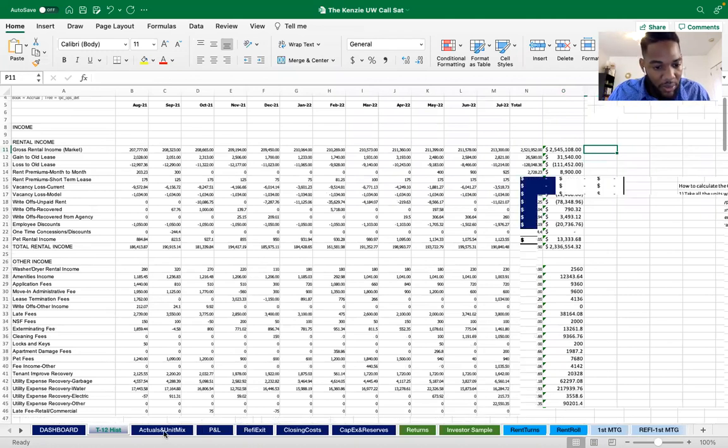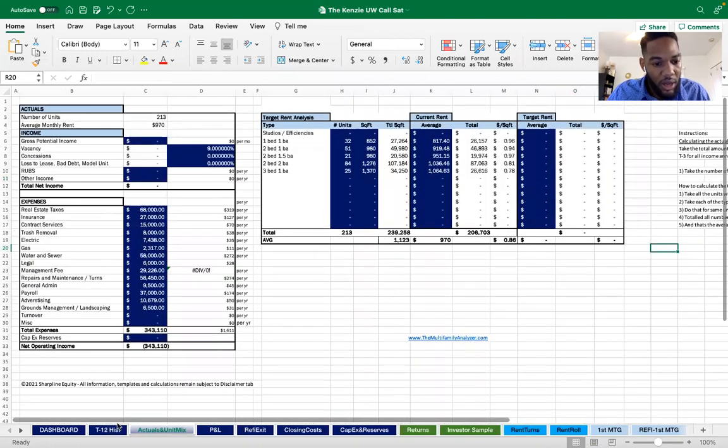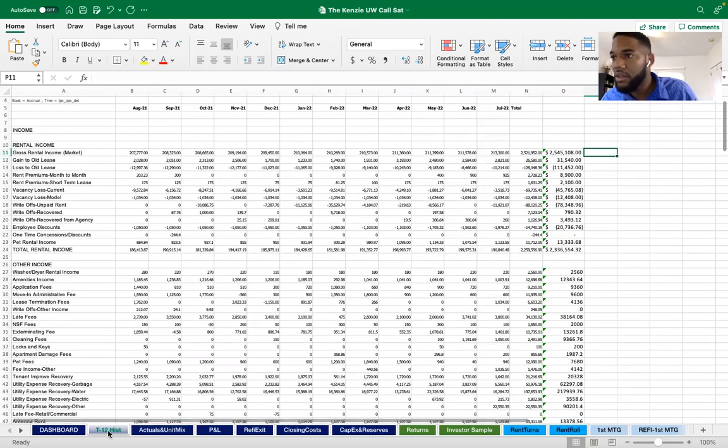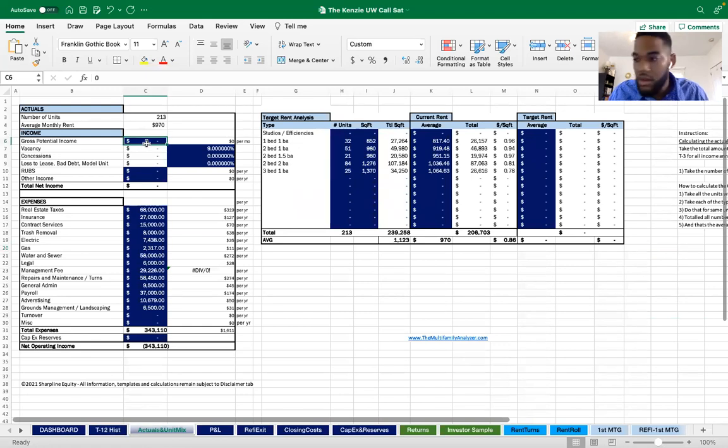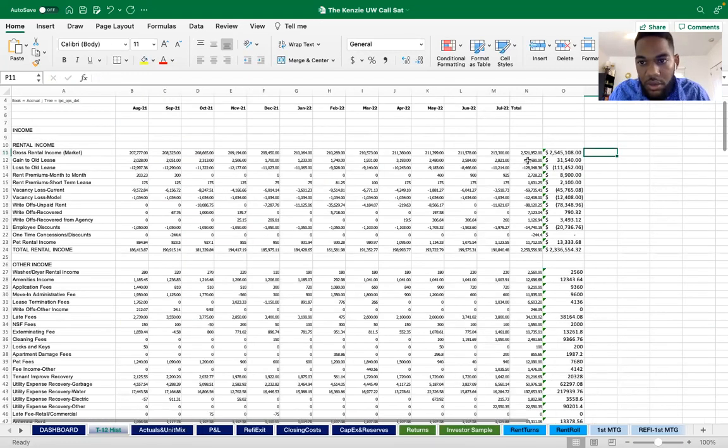So on this model that we're using, I'll go ahead and punch this gross potential rent in here for us. That would be 2,545,108.